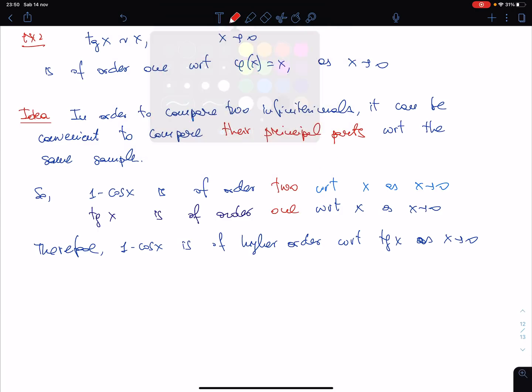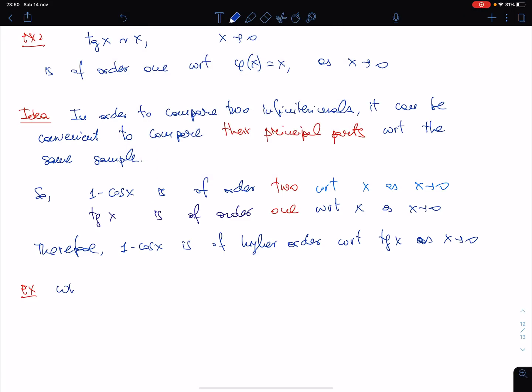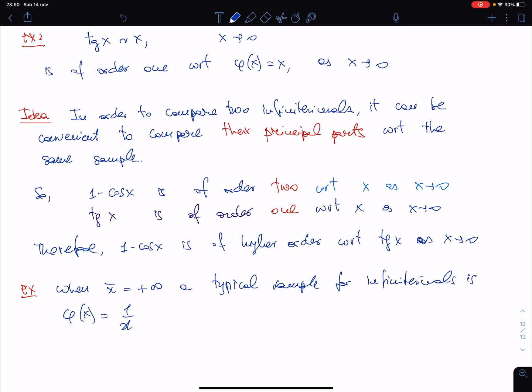Another example is the following: when x bar is plus infinity, for instance, a typical sample for infinitesimal is phi of x is equal to 1 over x. This is typical.